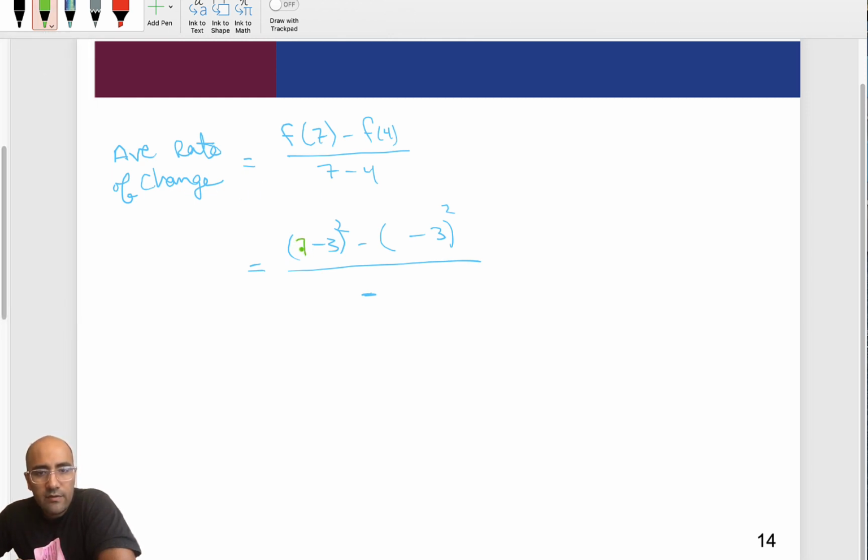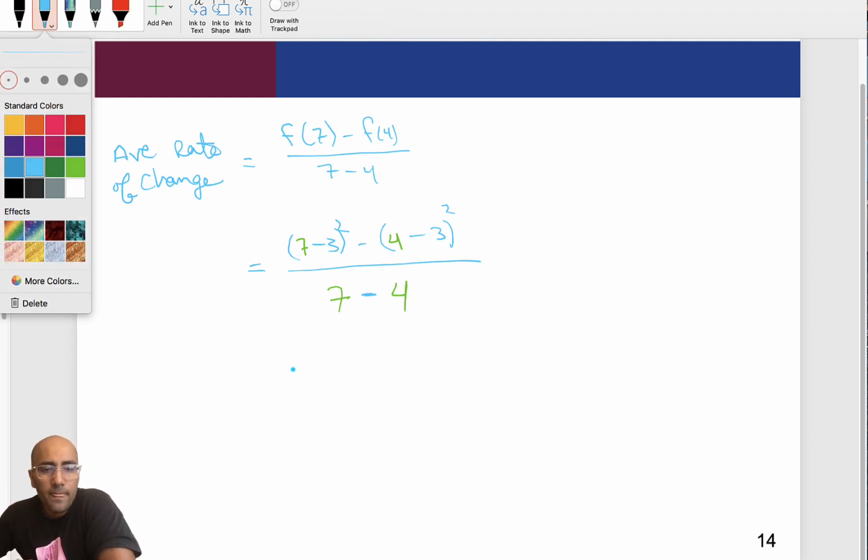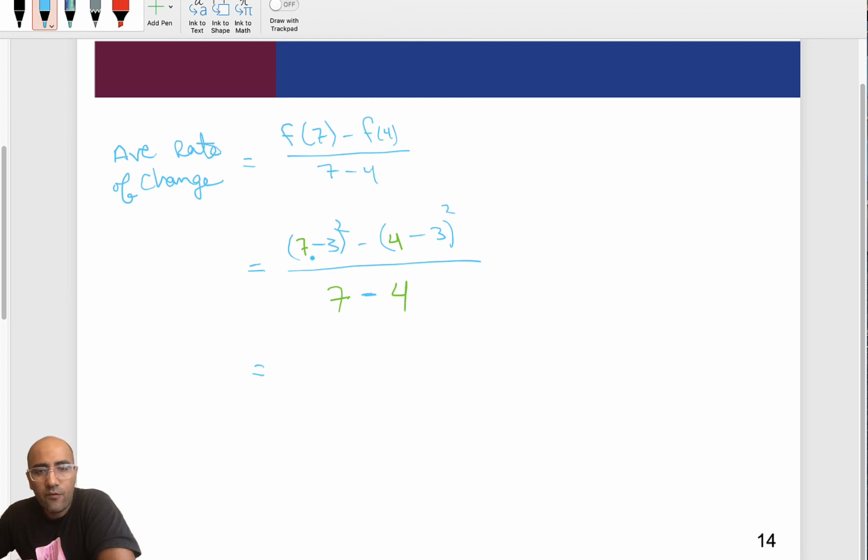So 7 goes in here, minus 3 squared, and 4 goes in here. That's f of 4 minus 3 squared. And then 7 and a 4 over here. Okay, that's going to be 4 squared is 16, minus 1 squared is 1, all over 3. So I get 15 over 3, which gives me a 5. Good. So we get an answer of 5.